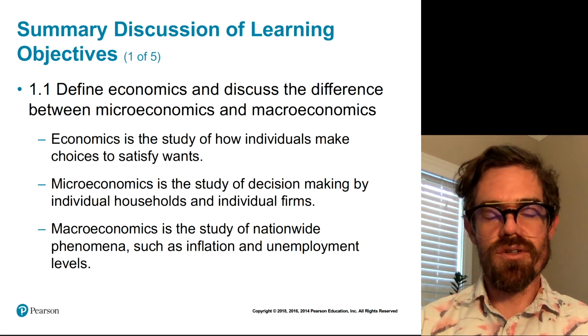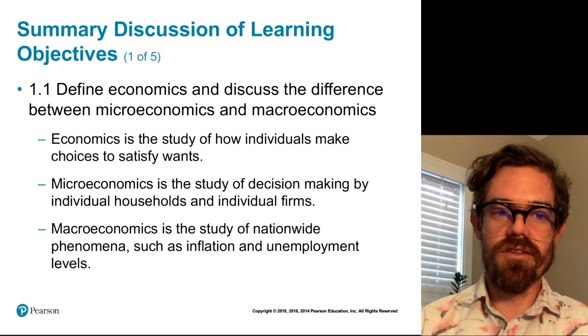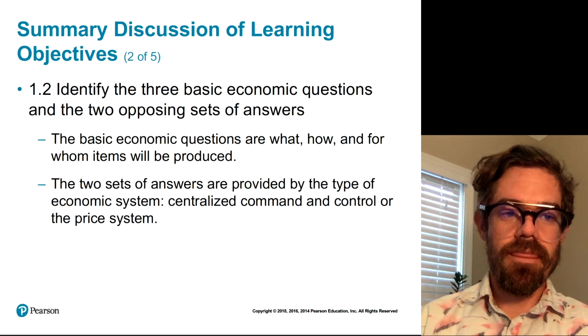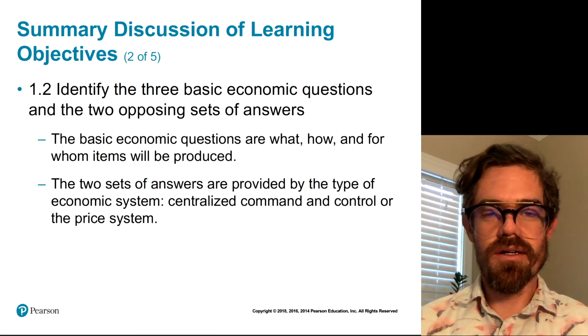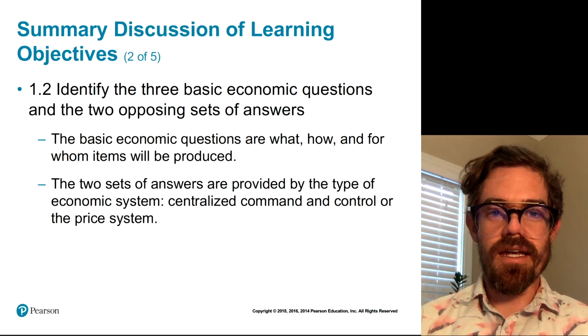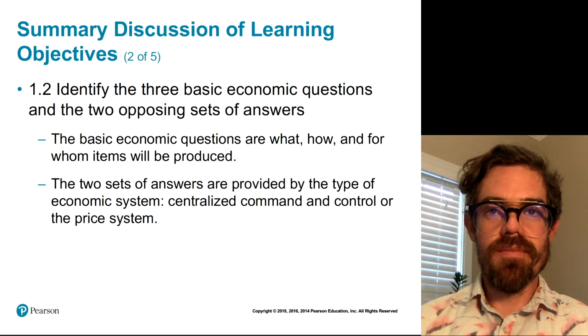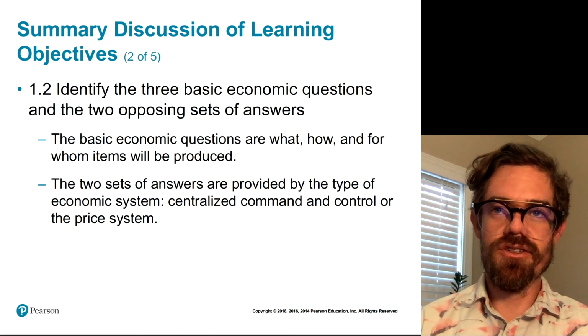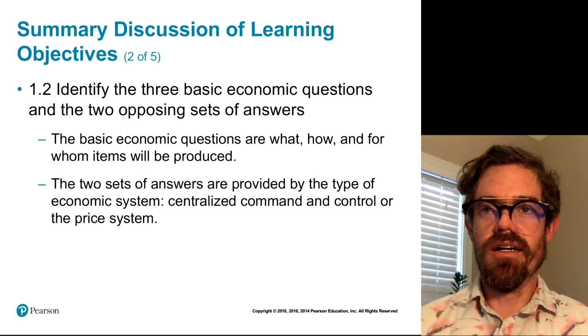So, of course, in section 1, we wanted to be able to define economics and talk about the difference between micro and macro. In section 2, we talked about these 3 basic economic questions: what to make and how much to make, and for whom.